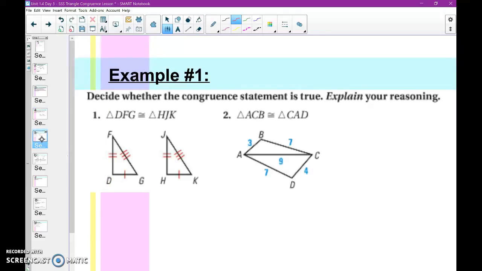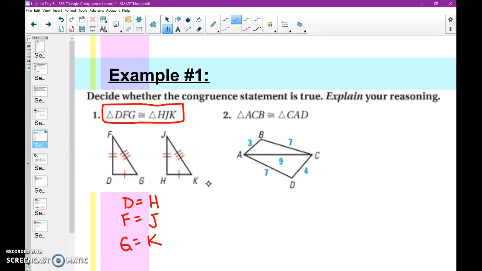First thing we're going to tackle is just getting a couple basics out of the way. Remembering that you always look at the statement. You don't just look at the picture. So if I look at this one, D should match with H, F should match with J, and G should match with K. So looking at our picture, D to H, okay, those are still in the same spot. F and J, and G and K. So we're all in the right spots.